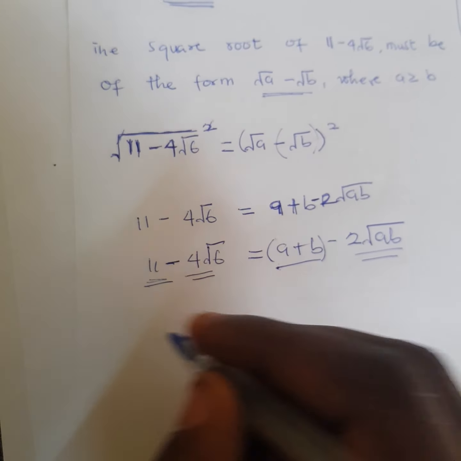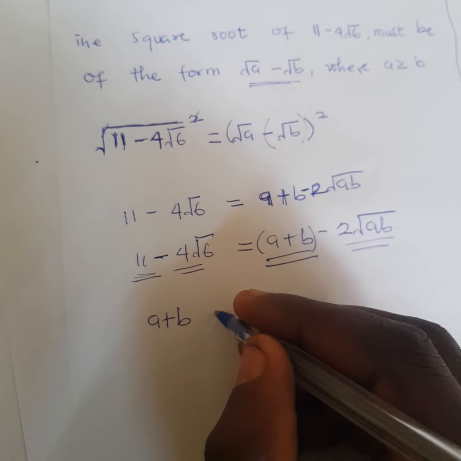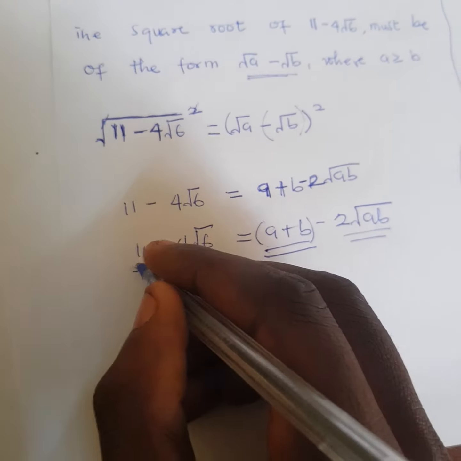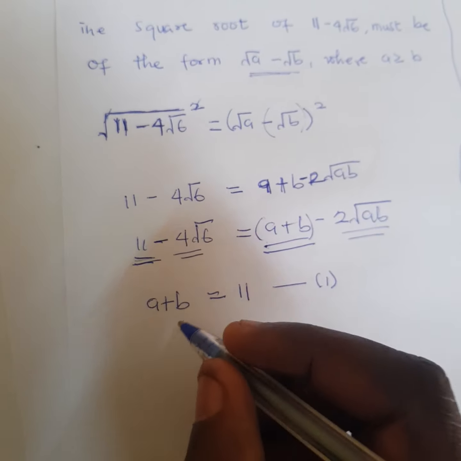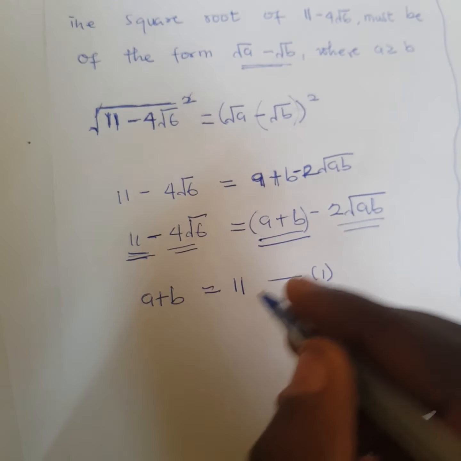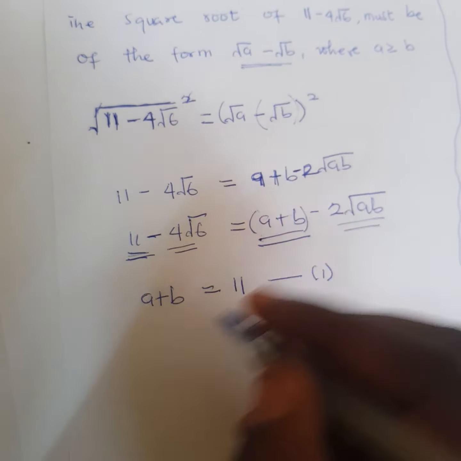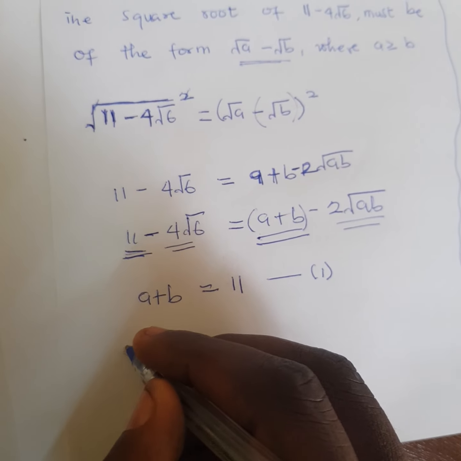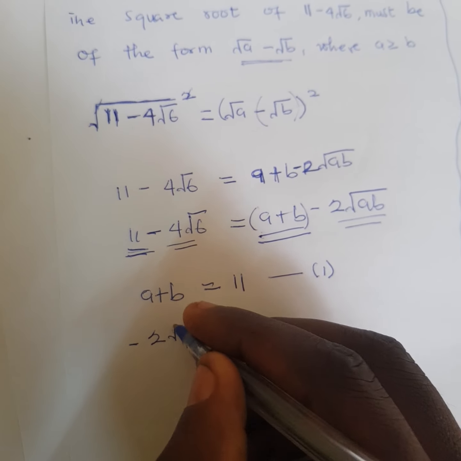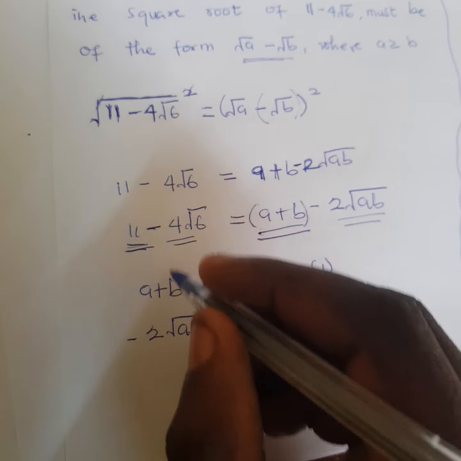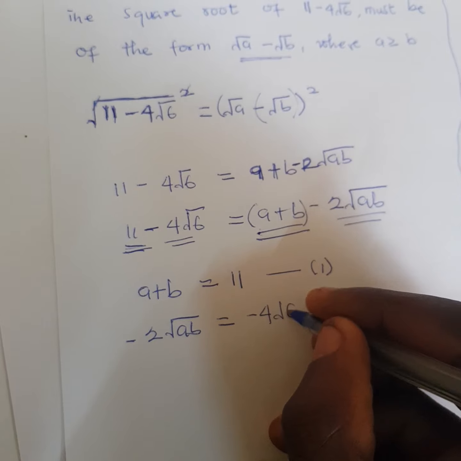So you realize that a plus b is equal to 11. Let's name it equation 1. Then the next one, which is minus 2 root ab, is also equal to minus 4 root 6.